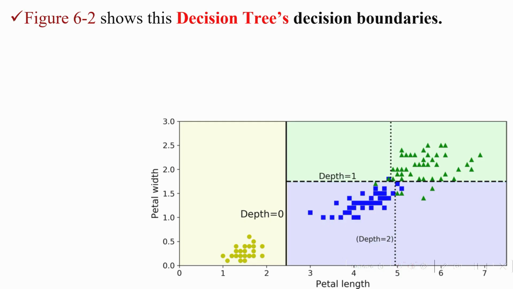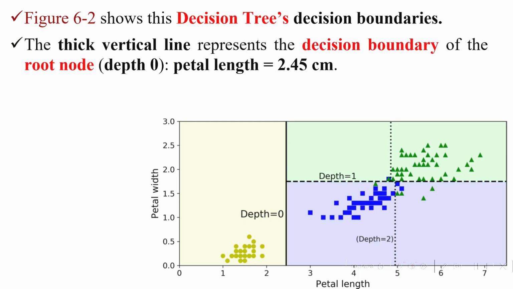Now, for example, here the decision tree boundary is the thick vertical line, that is petal length at 2.45, which exactly divides the data into two parts, depth 0 on either side. On the left, all are setosa, and on the right is a combination of versicolor and virginica.